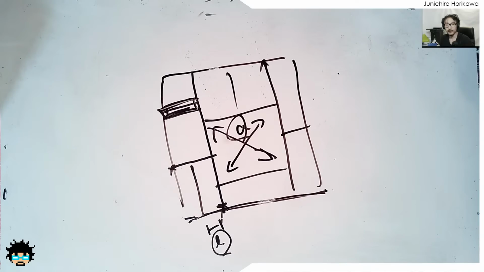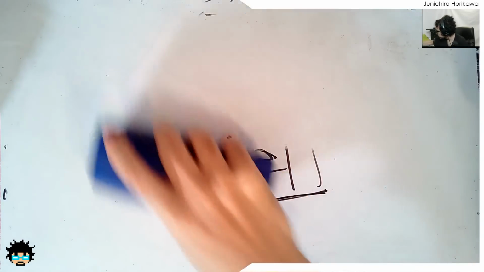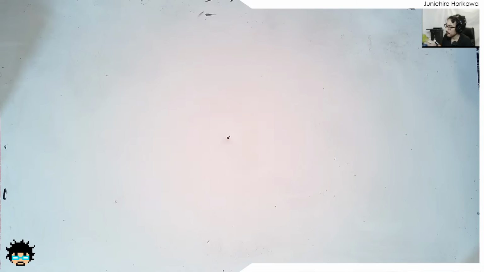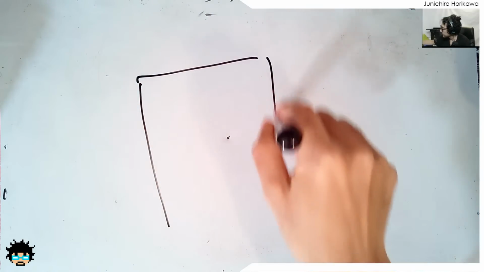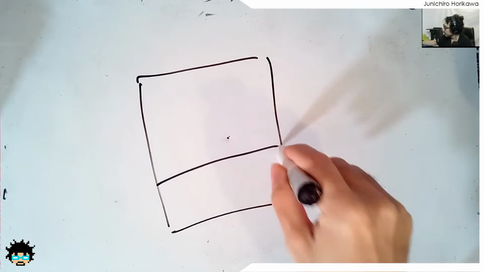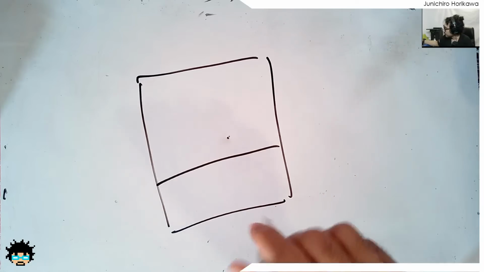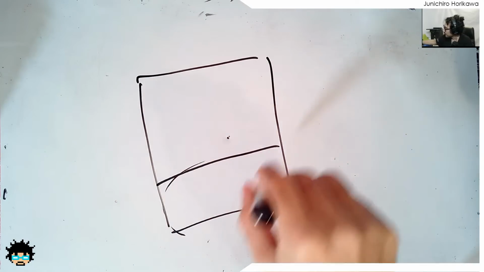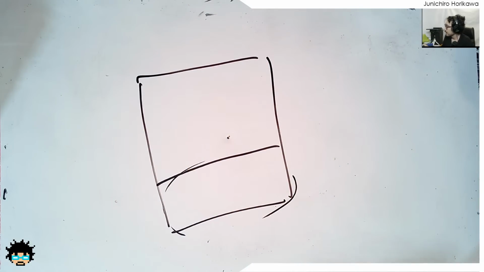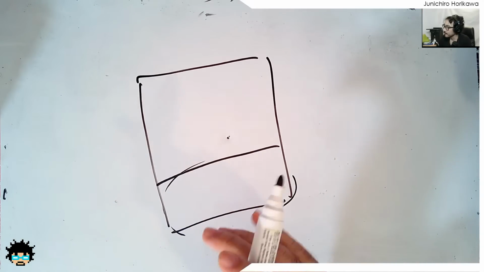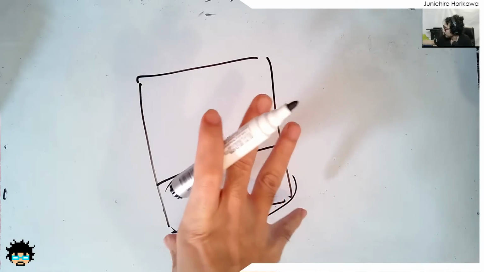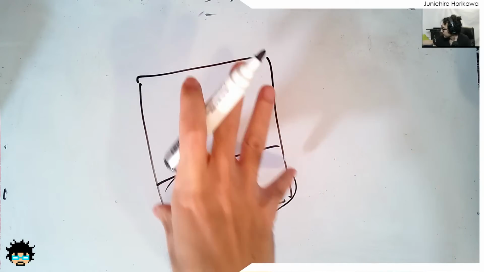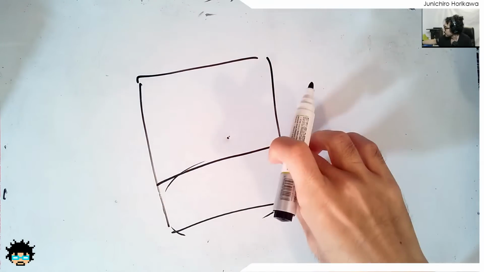Okay, so if we have a square like this and we have a splicing like this, and if we are working with this primitive and this primitive, then I would like to get the longer edges rather than the smaller edges.